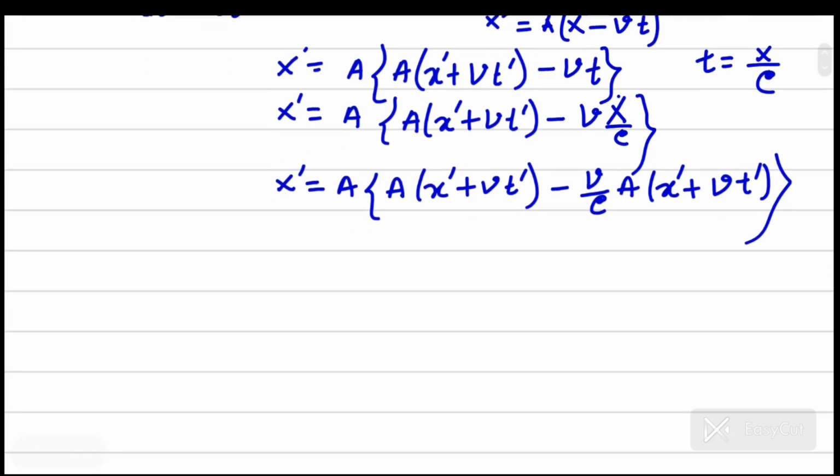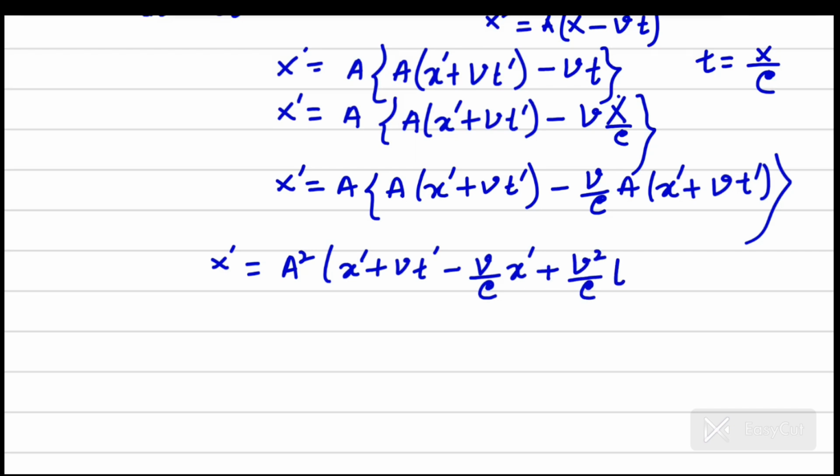Now x prime, and let's take a and a from these two terms. Let's take a common. So this a and the a outside of the bracket get multiplied, resulting in a square. This is x prime plus vt prime minus v by c times x prime plus v square by c times t prime.